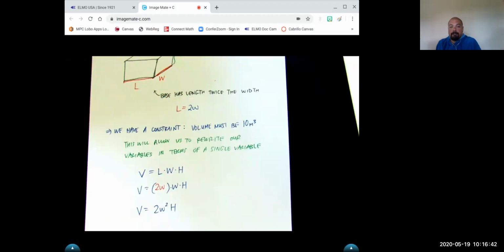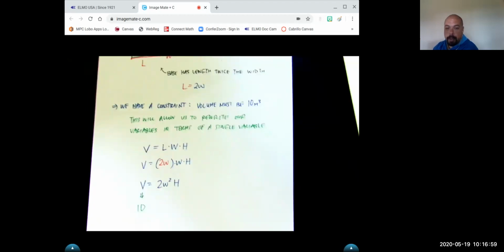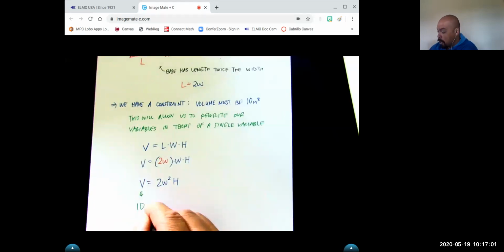Multiply those together. All multiplications here. But now we're trying to get rid of one of these variables. We have W's here, so if I get this H in terms of W, that'd be great. And with that constraint, the volume has to be 10 cubic meters. I'll leave out the units for now, equaling 2W squared times H.